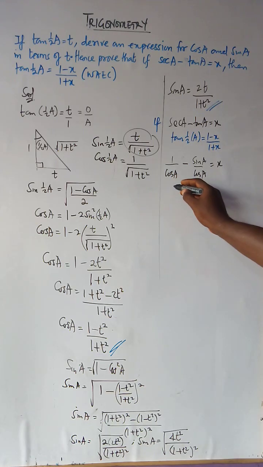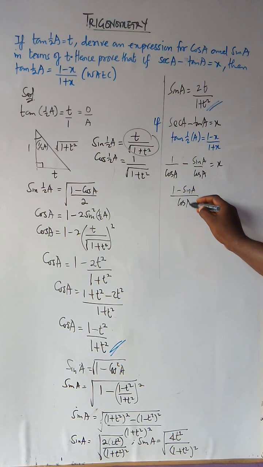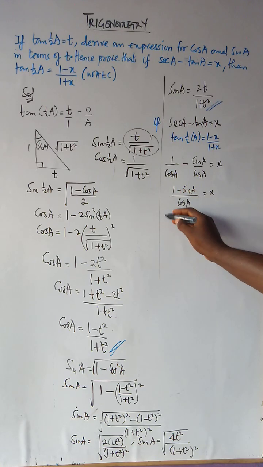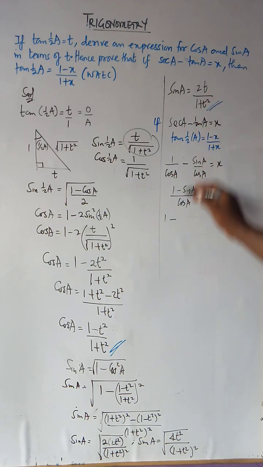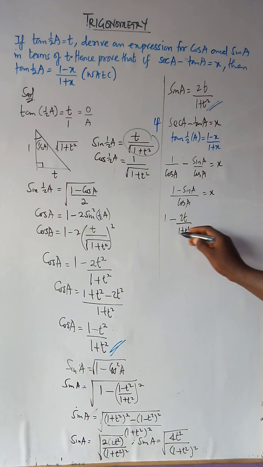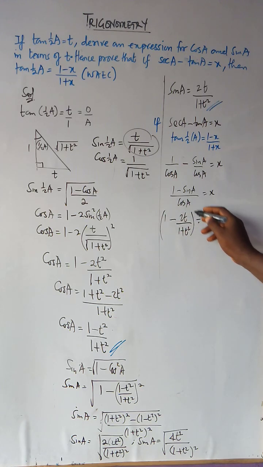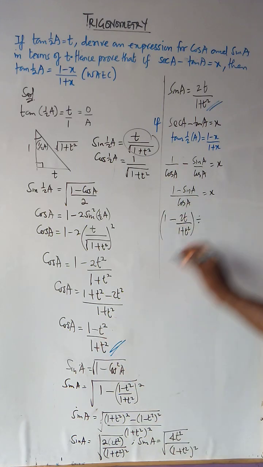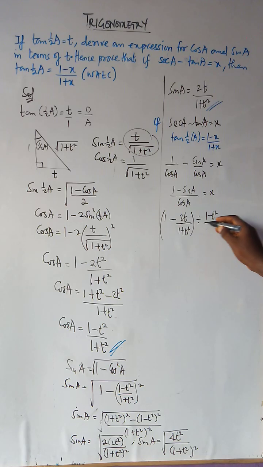So this is written as 1 minus sine A over cos A. So that's 1 minus, what is sine A? This is it here, 2t divided by 1 plus t squared. Then divided by cos A. What is cos A? That's 1 minus t squared over 1 plus t squared, and the answer equals x.